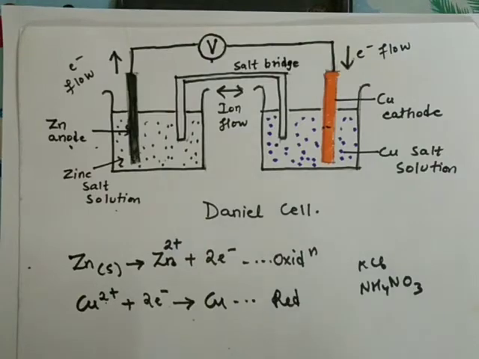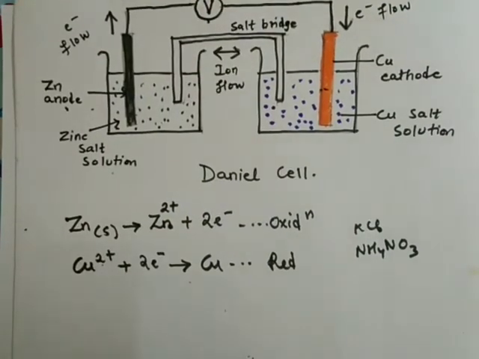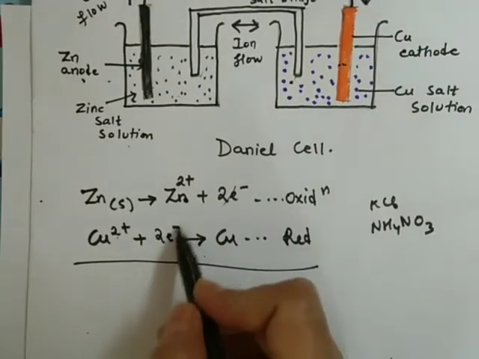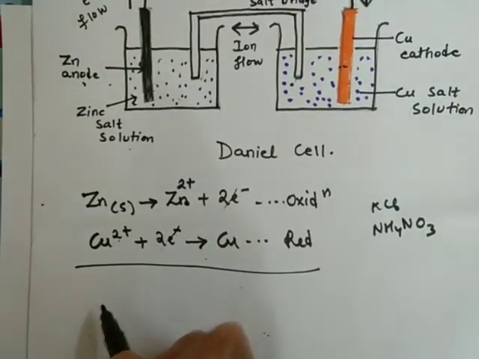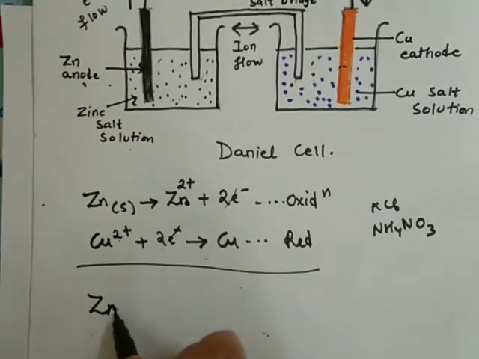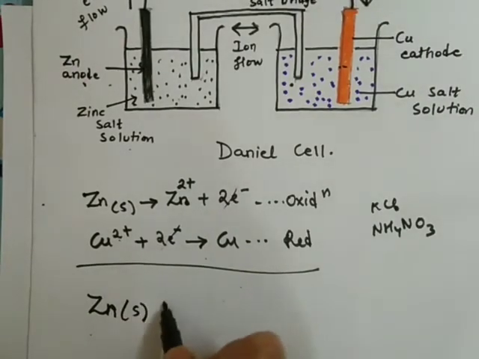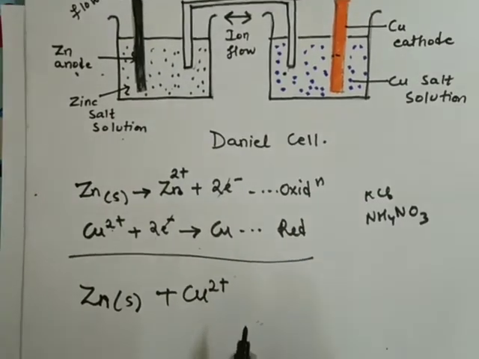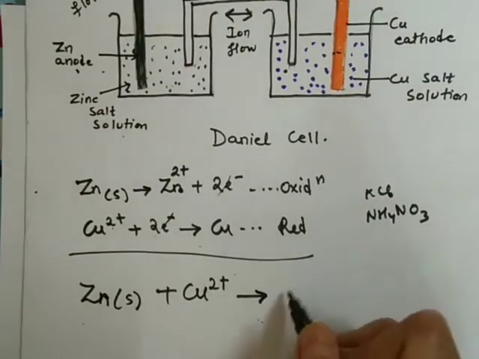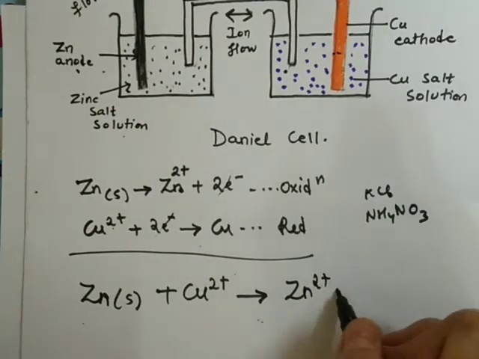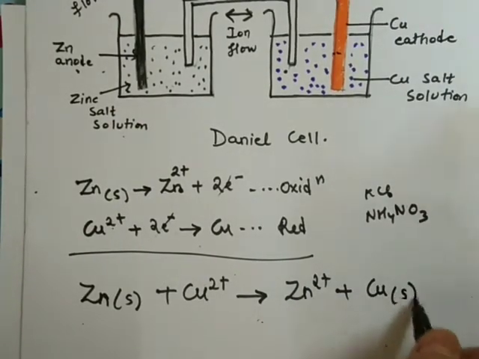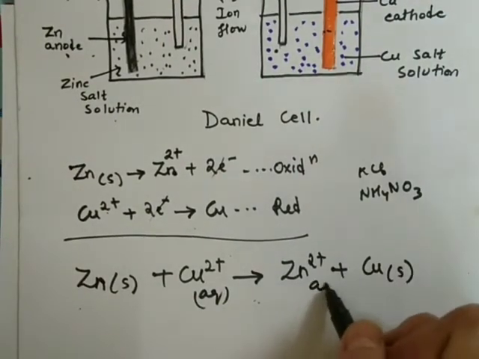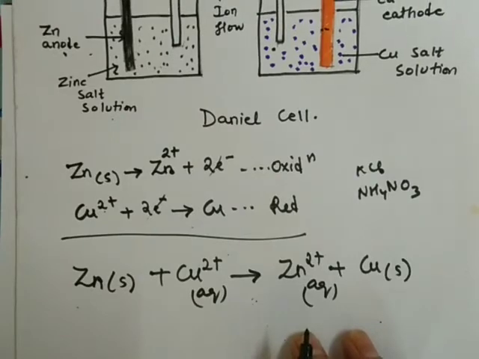Reduction. When I try to add these two reactions, what net reaction will I get? The two electrons will get cancelled, and the net reaction is what? Zinc in the solid state is added to copper 2 plus ions, right? It changes to Zn2 plus and you get copper in the solid state. This Cu2+ is obviously in the solution form, so you may write aqueous, right?